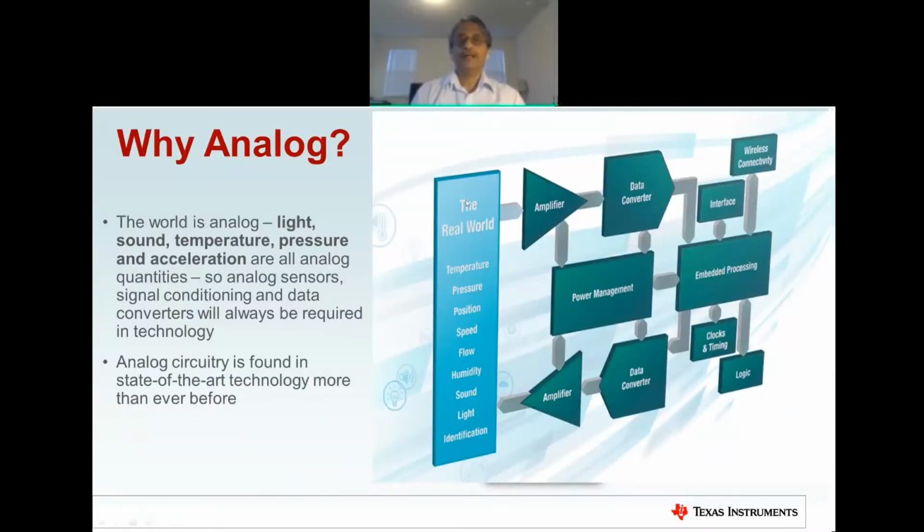This really shows another, a little more detailed view in terms of how the entire signal chain works, from getting your analog signals through data converters, being able to process them, send it back, and then there are also other electronic capabilities, and I talked earlier about being able to manage the power, and of course there's communication through wireless connectivity, clocking and timing, feeding that.